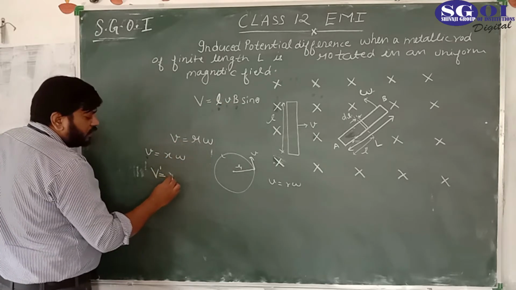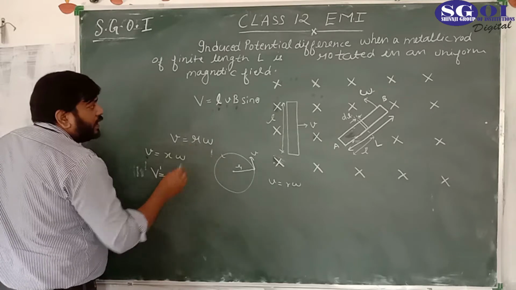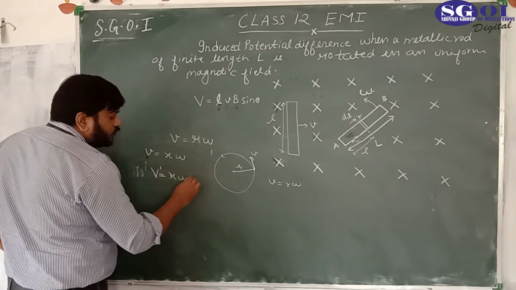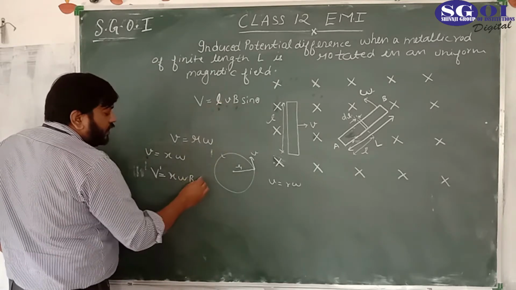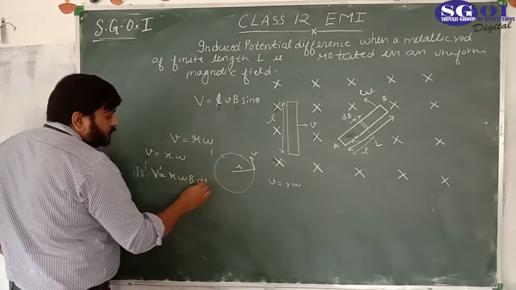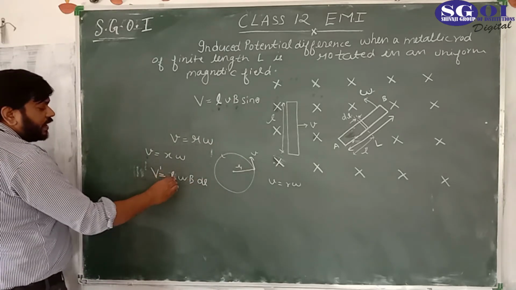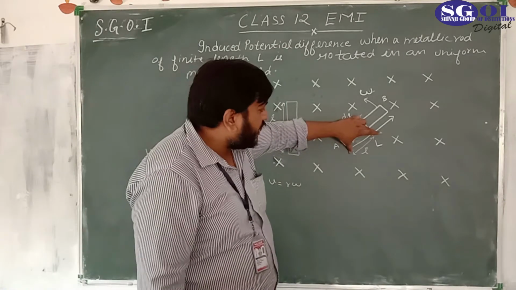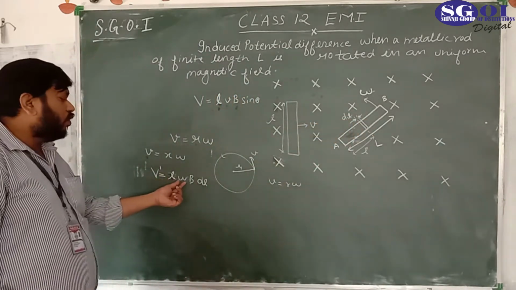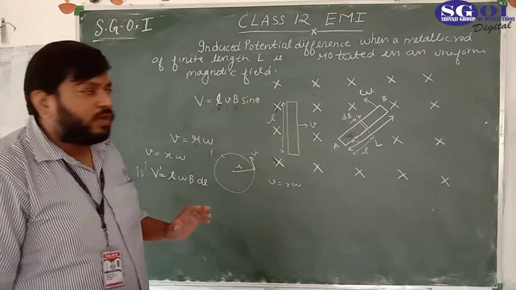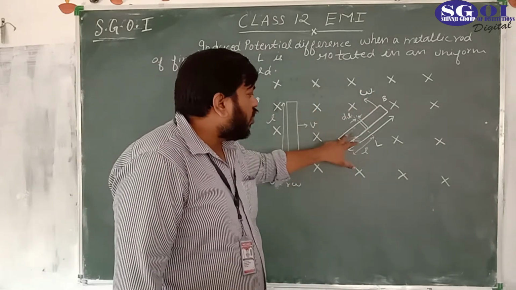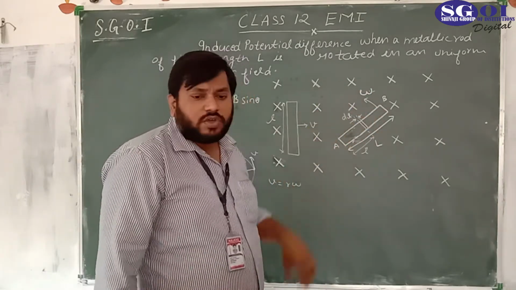V is x omega, and B is the same. For length, this is dl. This is not x, this is l, the distance I have taken. So this is l omega B dl, because B is constant for all the elements and omega is also constant.